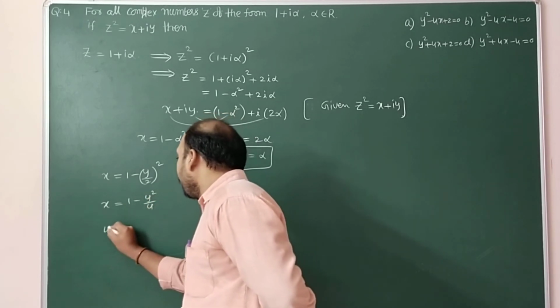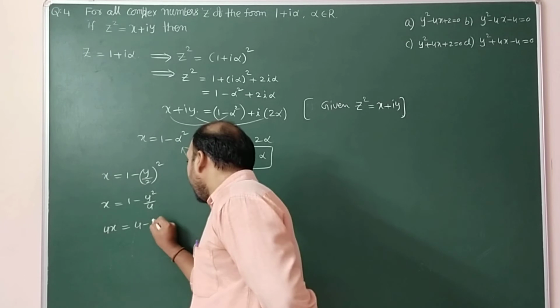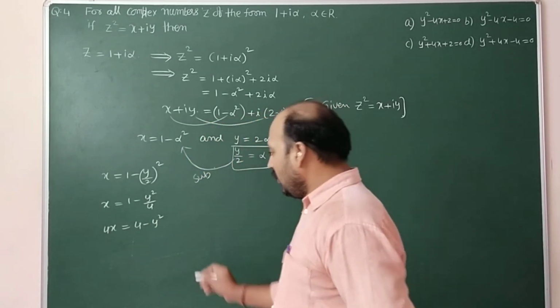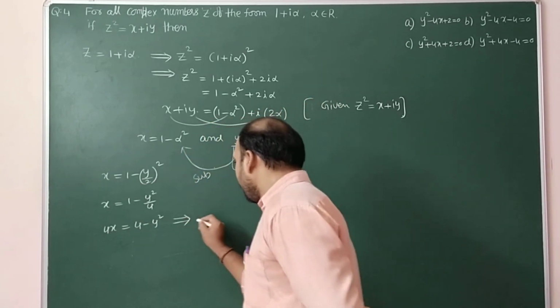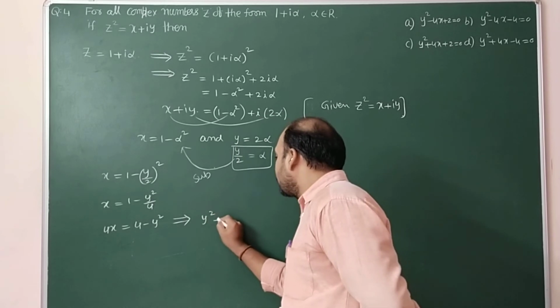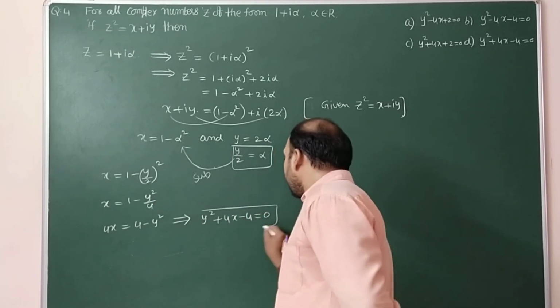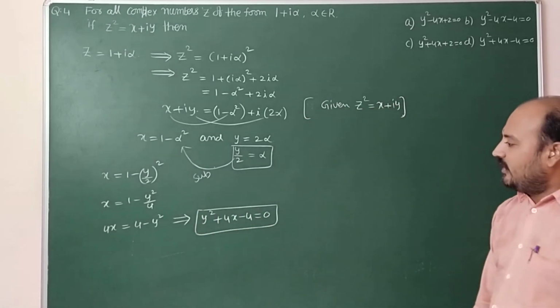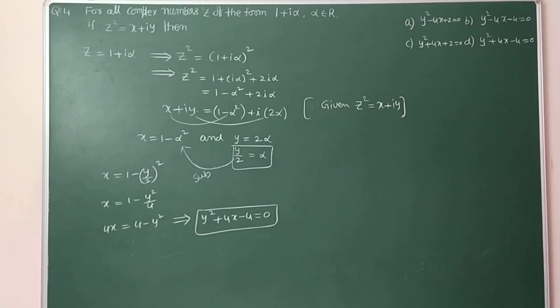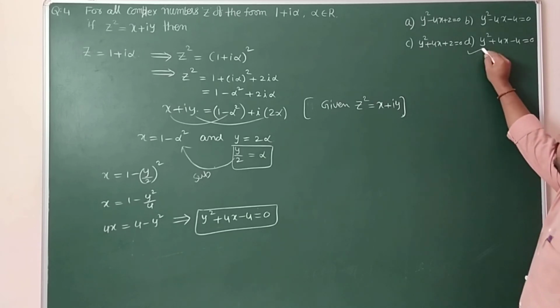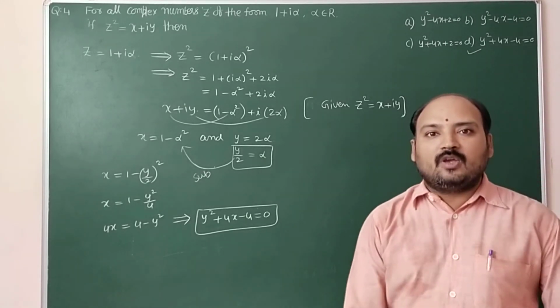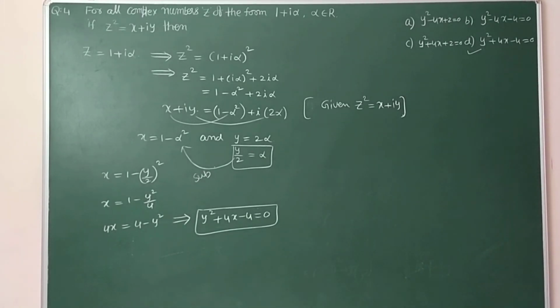Take LCM: 4x is equal to 4 minus y square. Taking all these values to this side, y square plus 4x minus 4 equal to 0, which is the required answer. Y square plus 4x minus 4 equal to 0 is there in the fourth option. We will move to the next question now.